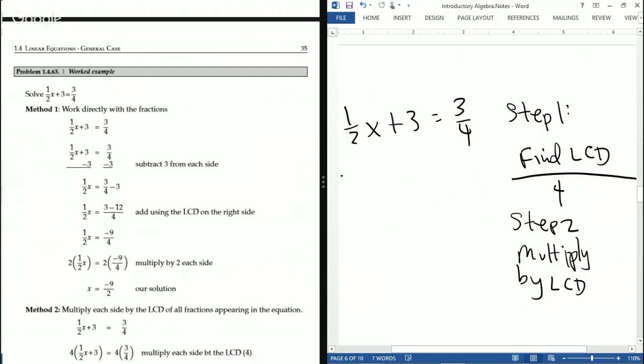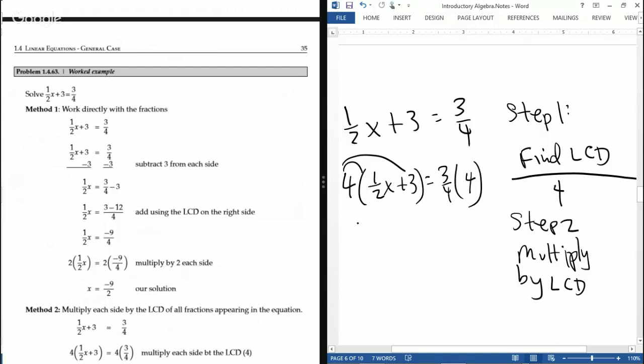Okay? And so what I'm going to do is multiply the left side by 4 and multiply the right-hand side by 4. And so when I multiply both sides by 4, I got to distribute it in there.